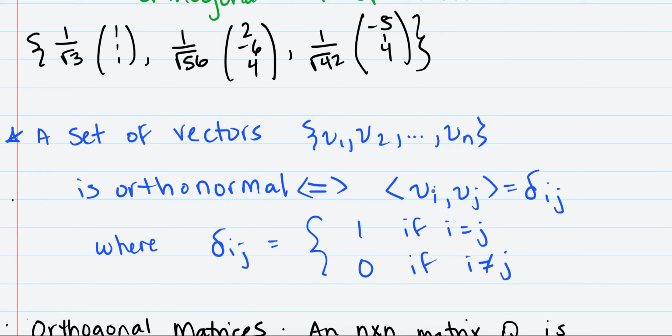So if we take the inner product of a vector with itself, we get 1. And if we take the inner product of a vector with any other vector besides itself, we get 0. So if I give you a set and ask you if it's orthonormal, and it doesn't satisfy this condition, then no, it's not orthonormal.